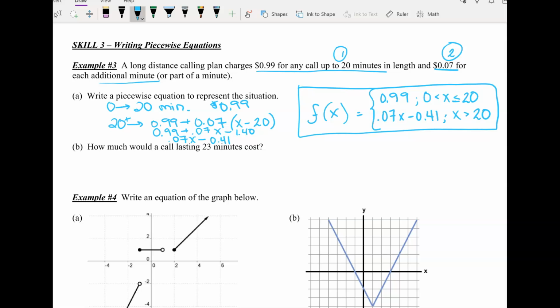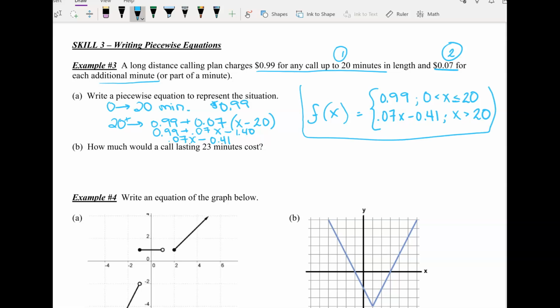How much would a call lasting 23 minutes cost? Okay, so that's this guy because it is greater than 20. Oh no, my box of my answer went away. There we go. So we're going to plug it into that equation.